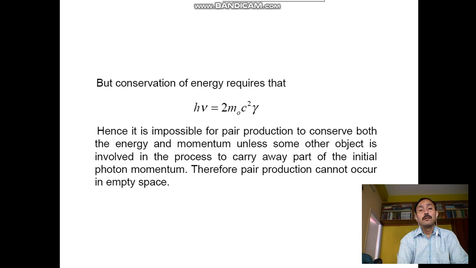That is, to conserve the energy and momentum, h nu becomes less than this. So where has the energy gone? That means there is some other object involved in the process to carry away this difference of photon momentum and energy. Thus, pair production cannot occur in empty space.